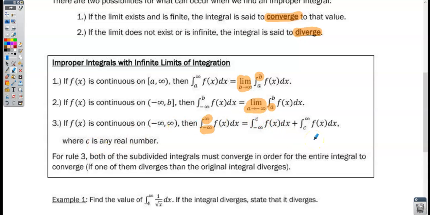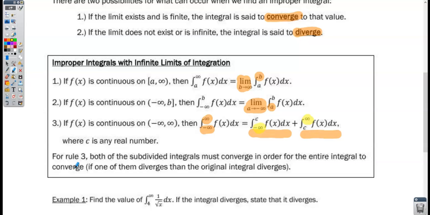A lot of times we use 0 or 1, but really we can use any number that you find convenient to split it, and we'll split it into two integrals, and then each of these integrals individually will be handled. This one will be handled like it was from number 2 here, and this one will be handled like it was from number 1 here. If we have a situation like this, in order for the integral to converge, both parts of this must converge. If either one of them diverges, that means that the original integral diverges. So that's something for us to look out for.